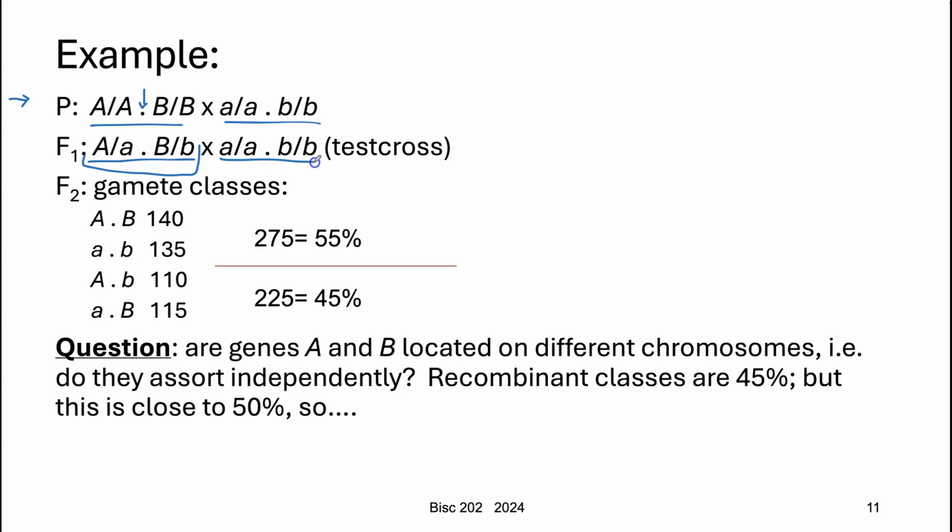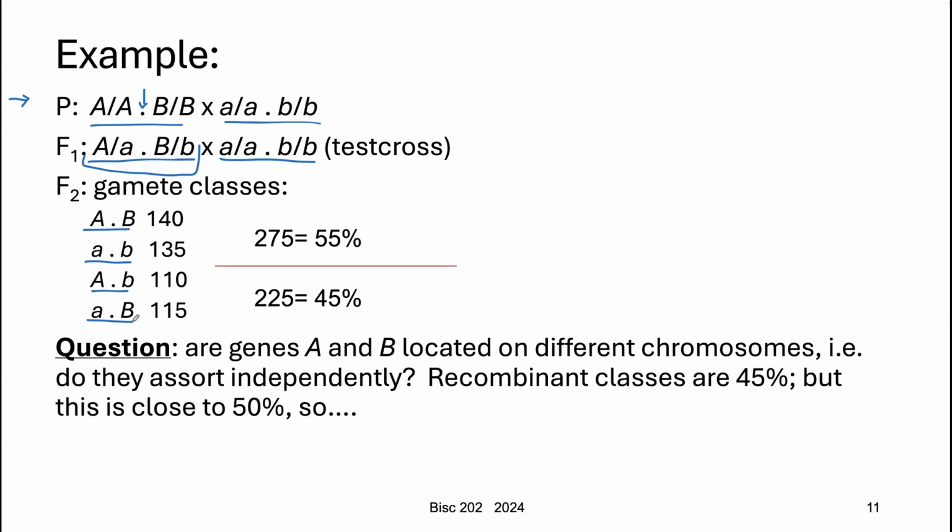We can't detect anything in this parent because they're just passing on recessive alleles to all the progeny. And notice this notation just shows the phenotype, so we only put one allele to show the phenotypes.